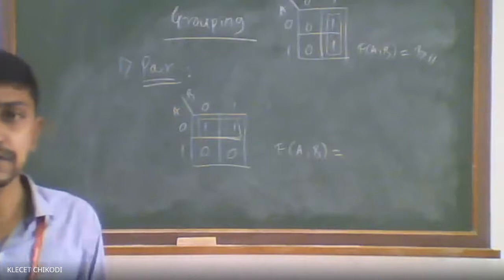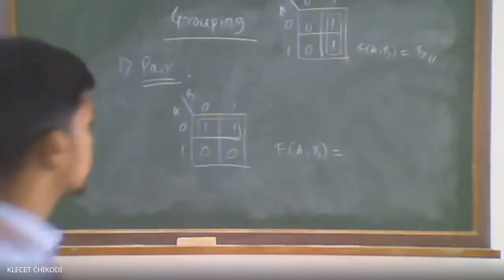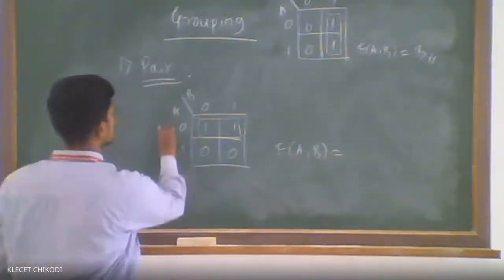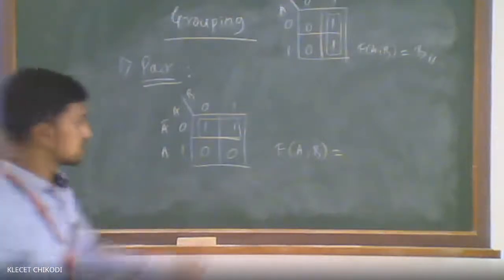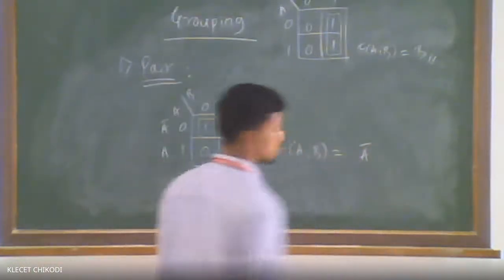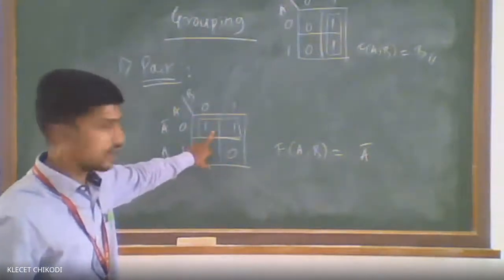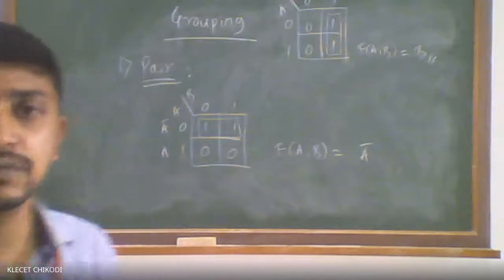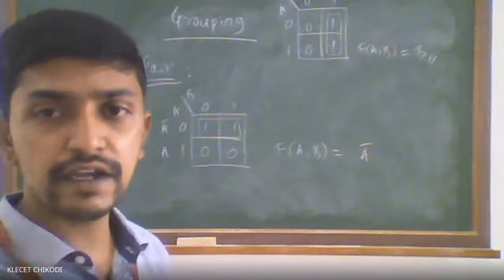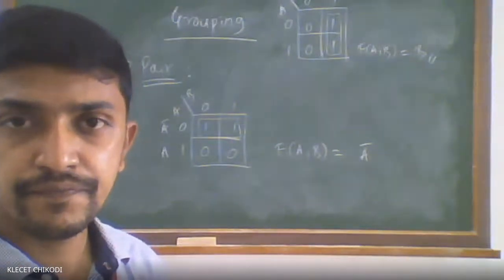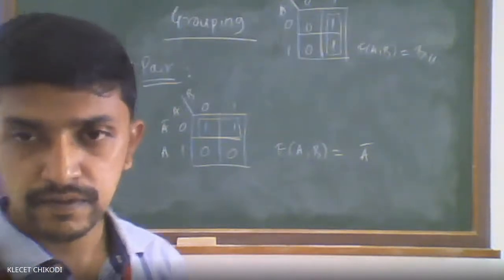F of AB is equal to A bar, because this 0 corresponds to A bar and this corresponds to A. Again, if the pair is in the other row instead of the first row, the minimized expression will be A only. Fine? Is it clear till now? Okay.